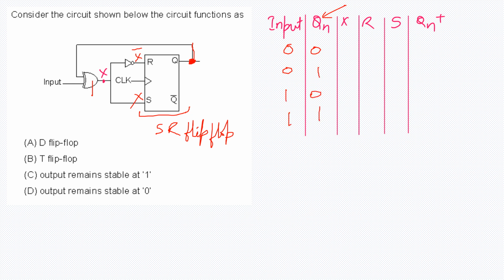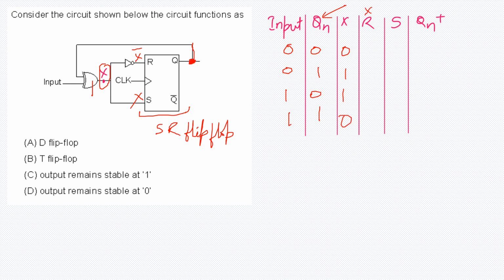Now after going through this XOR gate, we will have an output X. This X will be 1 only when one of these inputs is 1, either the input or this Qn. So what we get here is 0 1 1 0. This is our X.